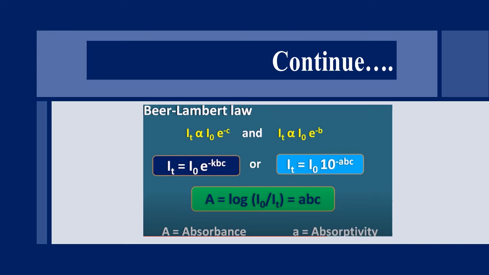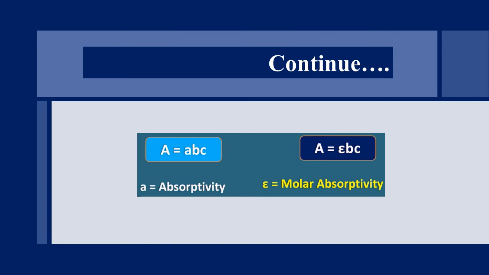A is the absorbance and smaller a shows the absorptivity. A equals abc, where smaller a equals absorptivity. A equals epsilon bc, where epsilon equals molar absorptivity.